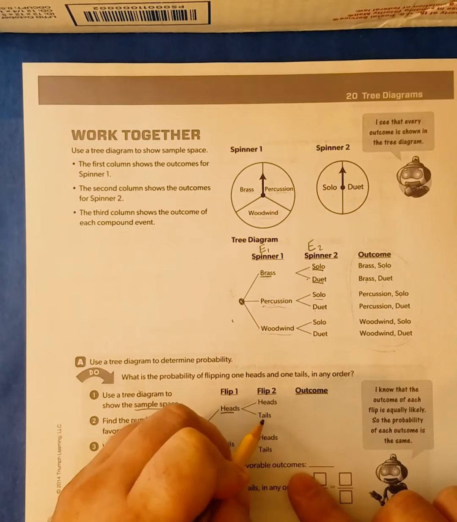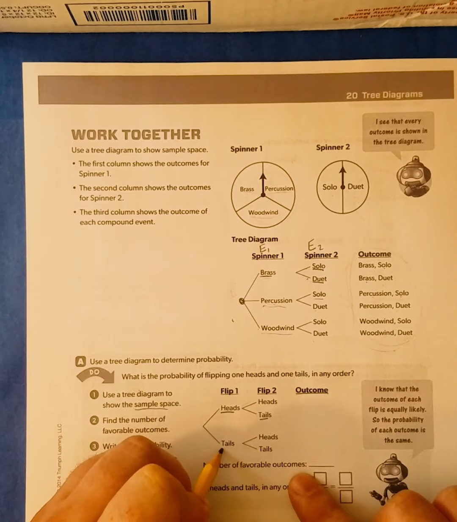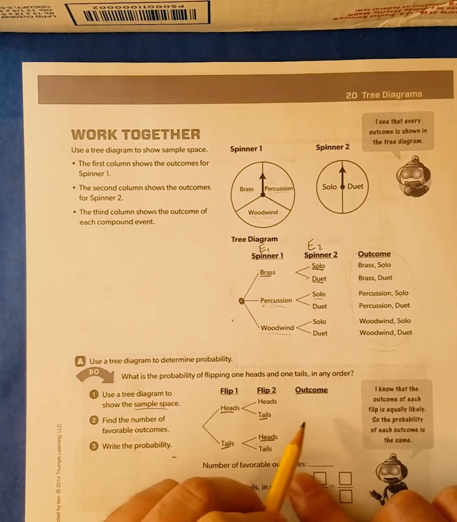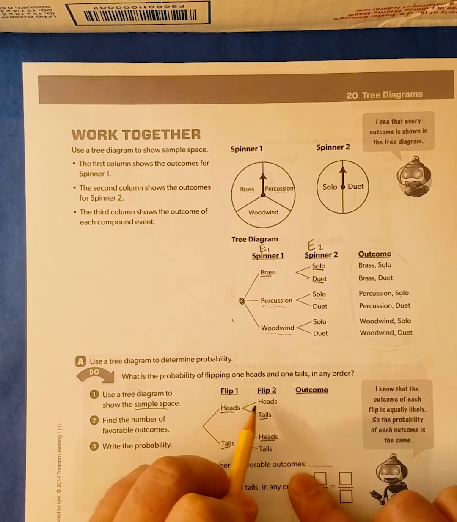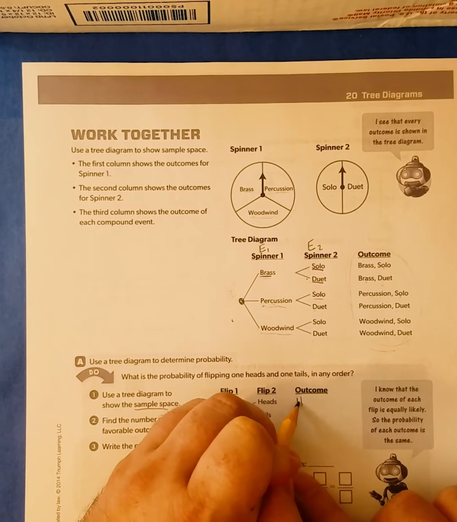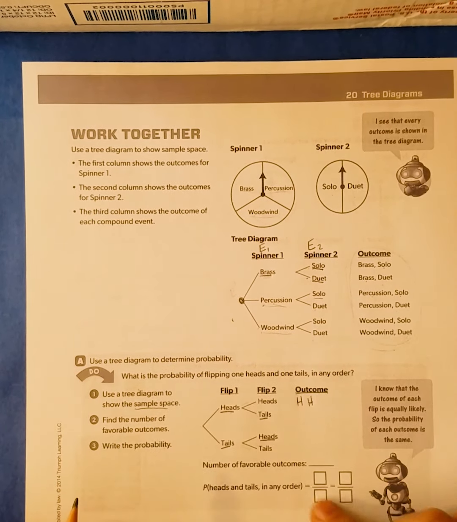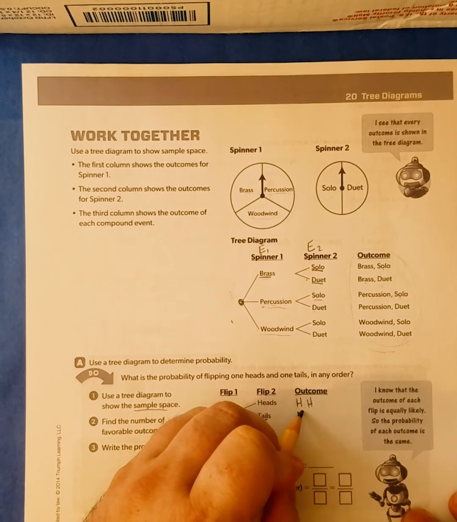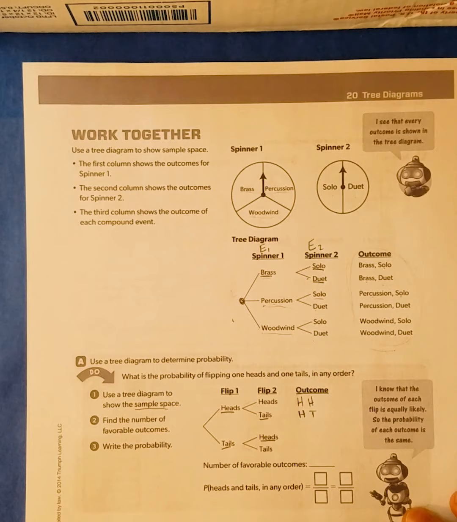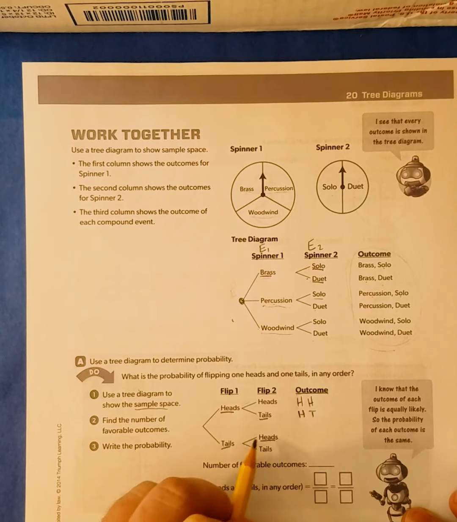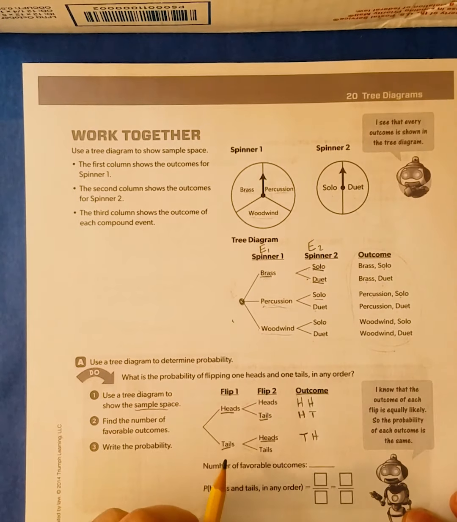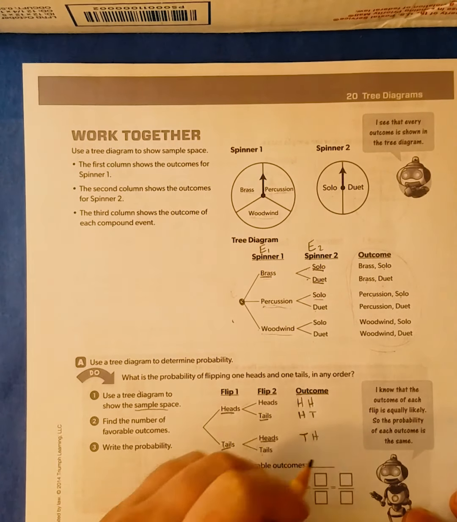So I'm going to write down the sample space. Heads, heads. It could be heads and heads, it could be heads and tails, it could be tails and heads, or tails and tails.